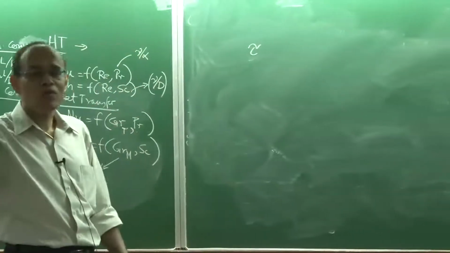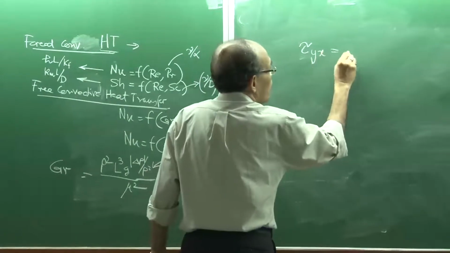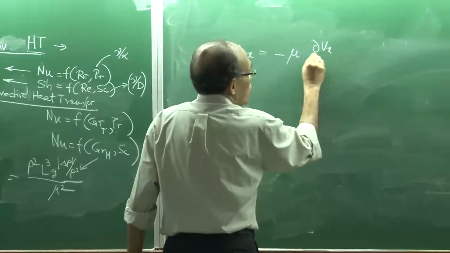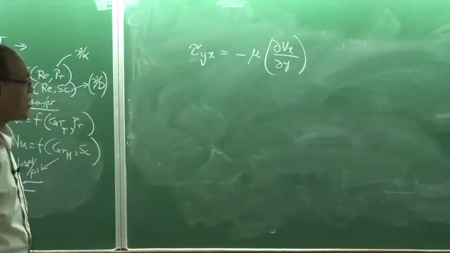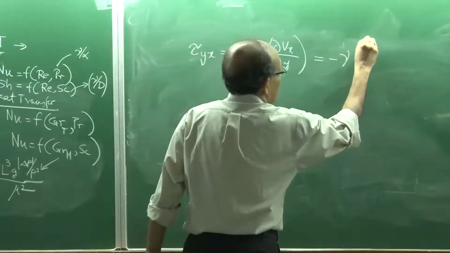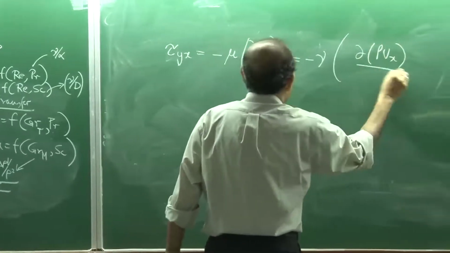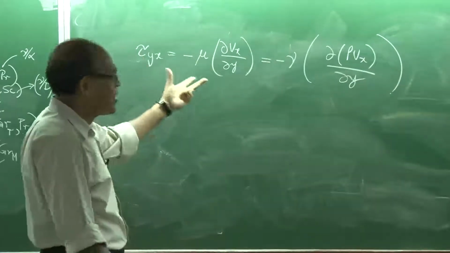If you go back now to my first lecture, where I wrote the Newton's law of viscosity, which can also be represented in terms of kinematic viscosity, I am not labeling the axes, because I have done it several times.